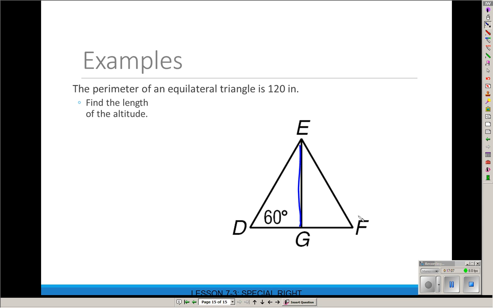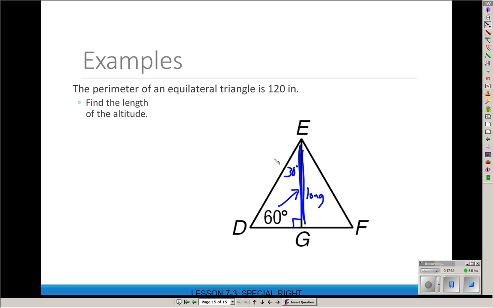When you take an equilateral triangle and draw the altitude, remember that divides it into 30, 60, 90 triangles. The altitude is the side across from the 60-degree angle, and that's the long leg. So we'll be looking for the long leg of this 30, 60, 90 triangle.